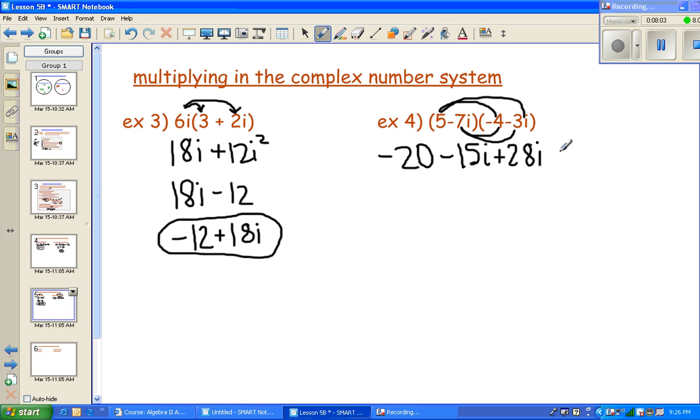And then your last give you a positive 21i squared. So then remember, i squared is negative 1, so we have negative 20 plus 13i, and then this is going to be minus 21. So you would say negative 41 plus 13i.